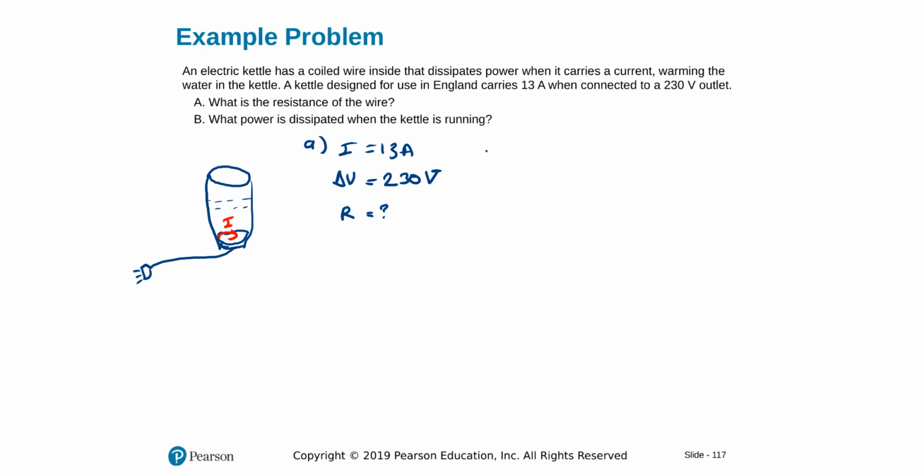For that I use Ohm's law, right? General version, I = ΔV over R. And I can solve for R. Switching those is always possible. R = ΔV over I. 230 volts divided by 13 amperes.